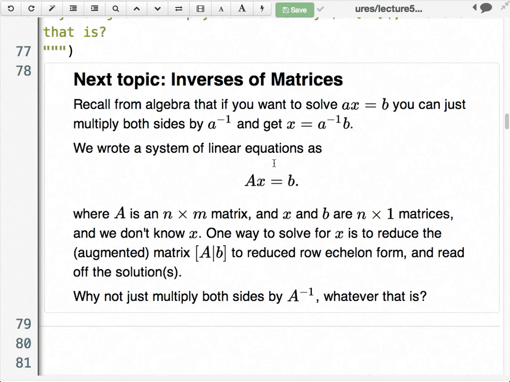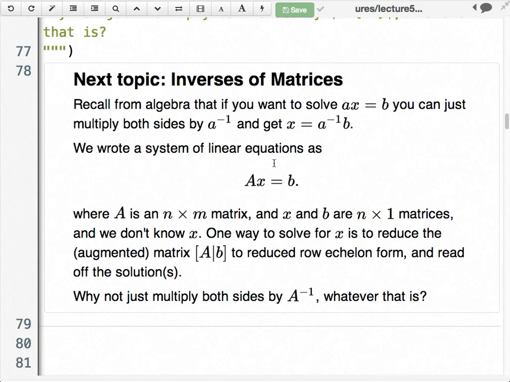So the question of whether or not there exist numbers A, B, C, and D that work in this equation is exactly the same as the problem of solving these two equations. 1, 2, 3, 4 times A, C equals 1, 0, and 1, 2, 3, 4 times B, D equals 0, 1. Okay? And you know exactly how to solve that sort of thing.